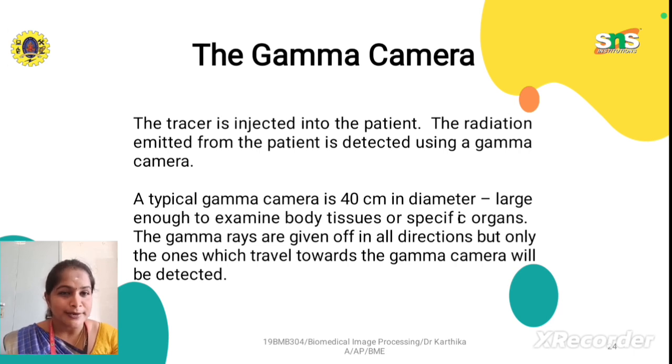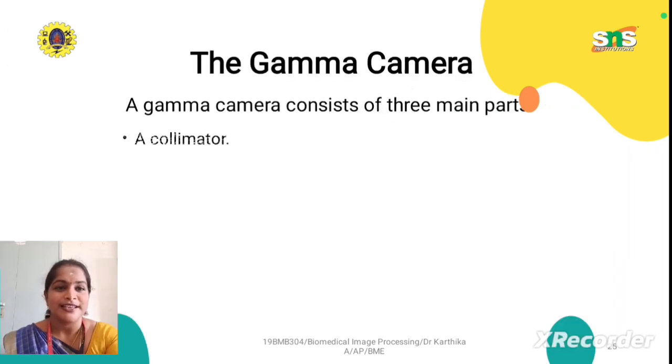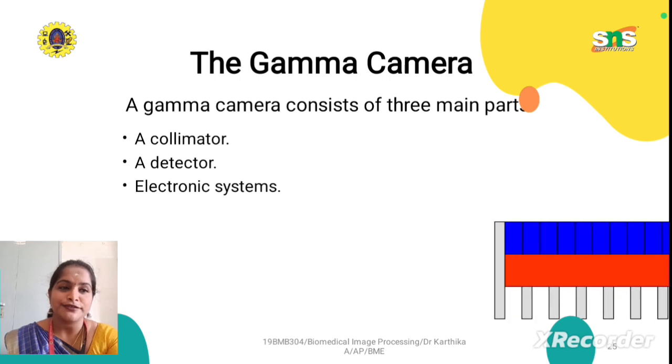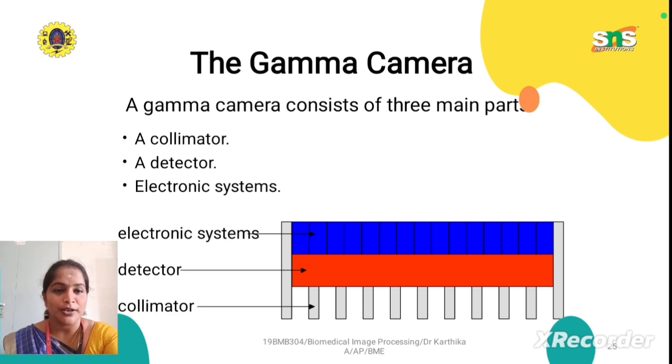The gamma rays are given off in all directions, but only the ones which travel towards the gamma camera will be detected. A gamma camera consists of three main parts: a collimator, a detector, and an electronic system. See a clear picture of the gamma camera.